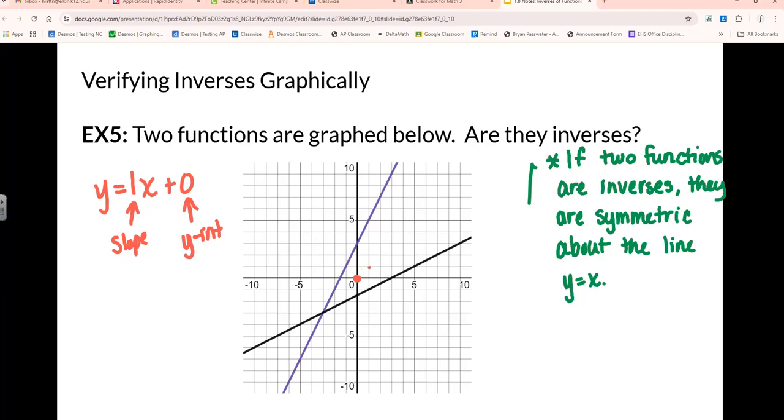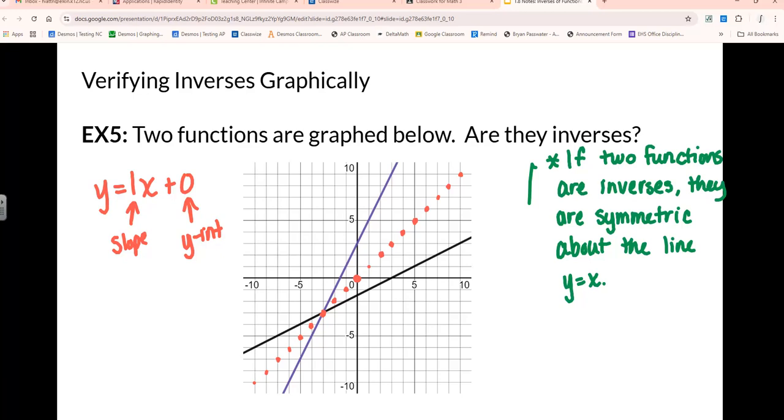So if we draw that in here, you're just going to put a dot at 0, 0, and then you go up 1, right 1. And then you could also go down 1, left 1 to finish out that line. Okay, that's a really important line for us to know what it looks like.